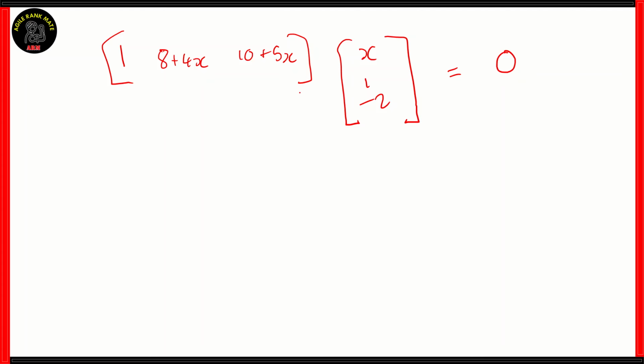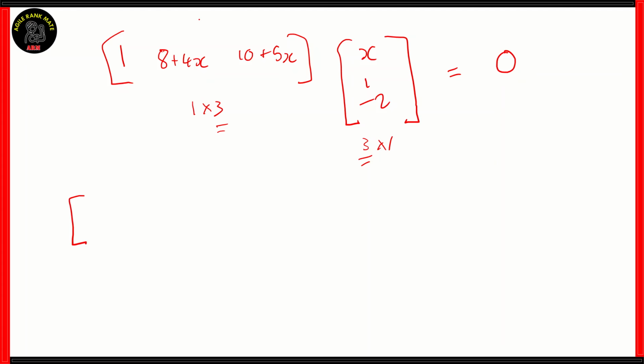Before multiplying these two matrices, we need to make sure that they're compatible. Here we have 1 row and 3 columns, and in the second matrix we have 3 rows and 1 column. So the number of columns here matches the number of rows here. That means we can multiply them to form a 1 by 1 matrix.